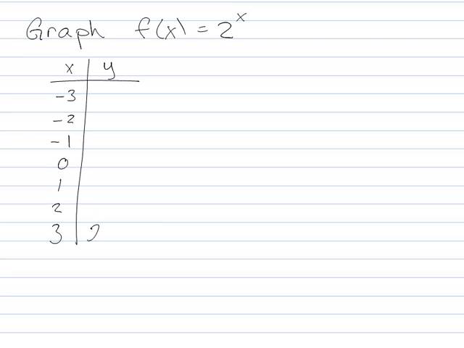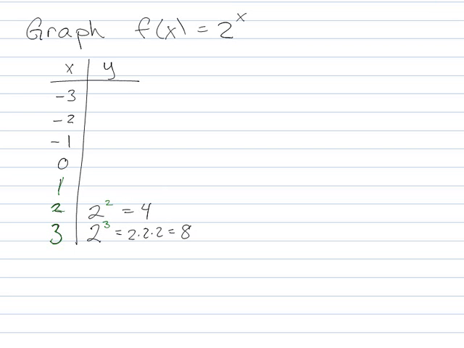If I've got 2 to the x, when x is 3, that means 2 to the third. 2 cubed is 2 times 2 times 2, which is 8. Then for x equals 2, I've got 2 squared, which is 4.